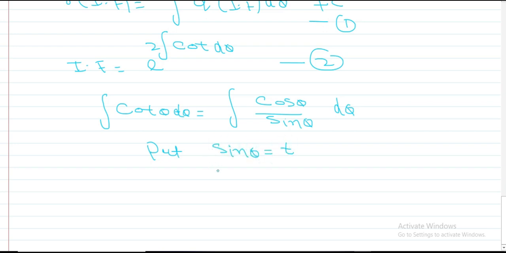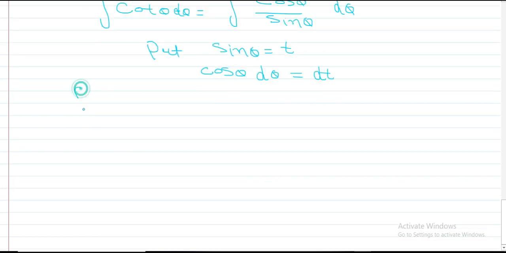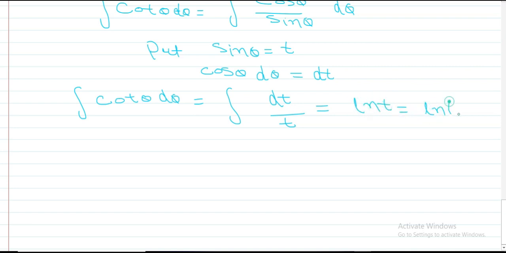Differentiating with respect to theta, cos theta d theta equals dt. So the integral is dt divided by t, that is ln t, which is ln sin theta.